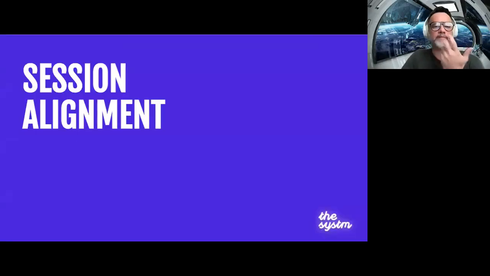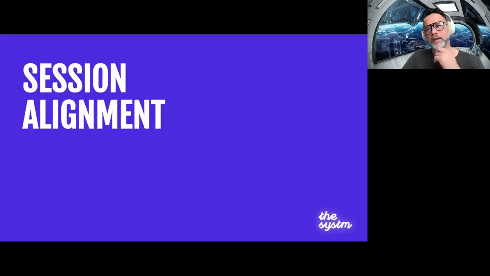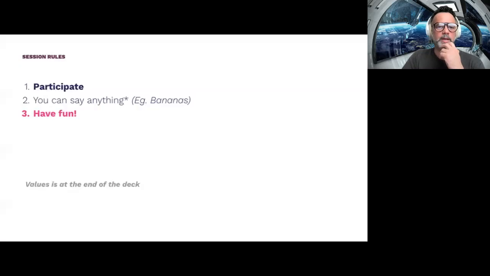Gotcha. Love it. One of the best things is always to share artifacts. I'm going to share a very quick artifact just for a top line. And by artifact, I mean example. This is actually the built-in session for a startup, and it was built into the project schedule, and the client was somewhat familiar with the fact that we were going to do some things we needed to do in order to set a foundation for understanding, and it was in the SOW.